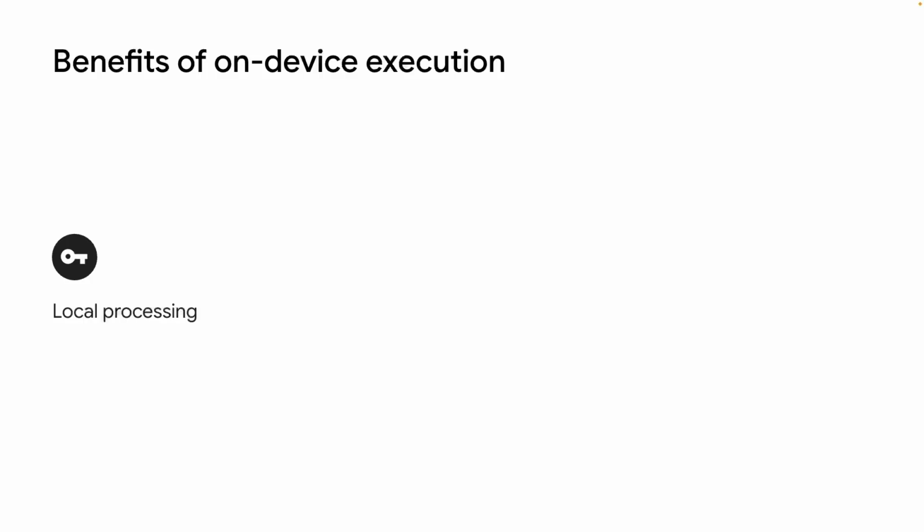You have much greater control over security, with a huge benefit for the user. It also provides offline capabilities, so the feature can work even when the user does not have an internet connection, and there is no additional cost for inference every time it runs. So you will never need to pay to use an LLM.